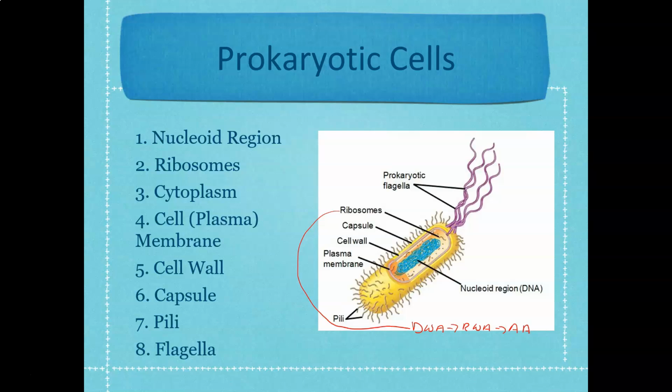Some prokaryotes can also have these pili, which are these little hair-like projections sticking off that cell wall capsule area. Those pili are interesting because they are used for adhering to surfaces as well. So similar to that idea of a capsule, they can kind of grab on. Think of them like little spaghetti bits with suction cups on the end. And they can suction cup themselves to spaces so they don't get washed away.